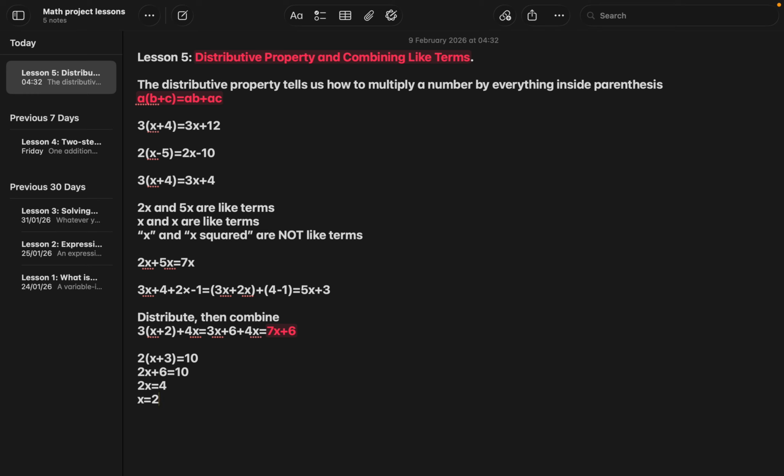Here is another equation example. Let's solve 3 multiplied by the quantity x minus 4, plus x, equals, let's say, 8.